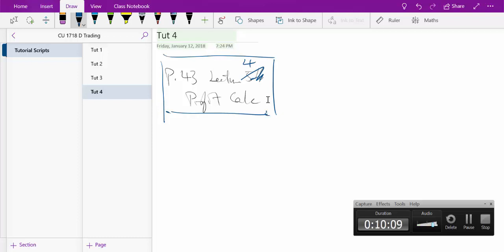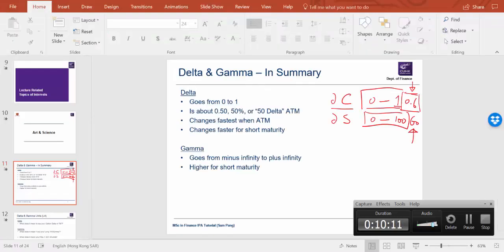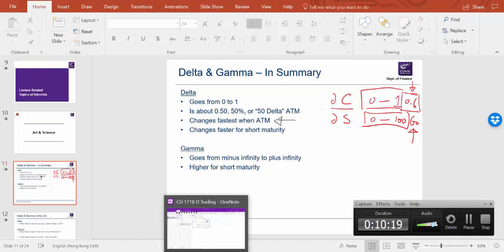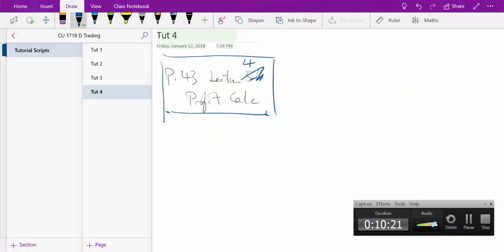Now, what I mean by changes fastest when it's at the money is this. I'm going to stick to a call option, although it is equally valid for a put option. For a call option, it looks sort of like this.